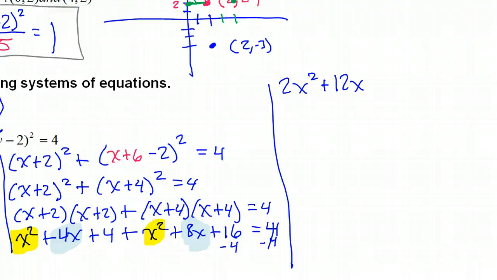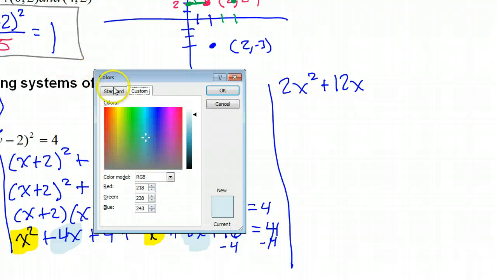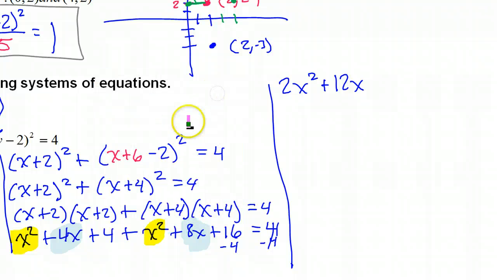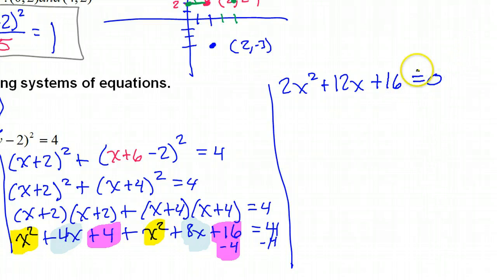And last but not least, I've got 4 and 16 and -4. Actually, the 4 and the -4 cancel out, so I'm just going to have 16. So plus 16 equals 0. I'm noticing that all of these are divisible by 2, so that's going to give me x squared plus 6x plus 8 is equal to 0. I just divided everything by 2.